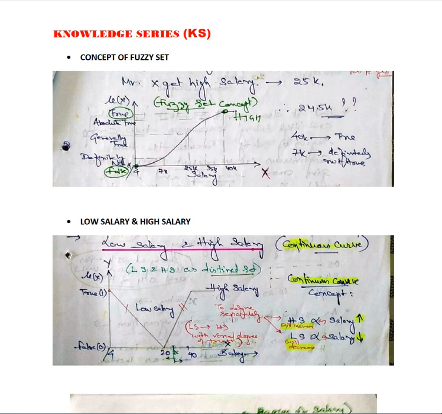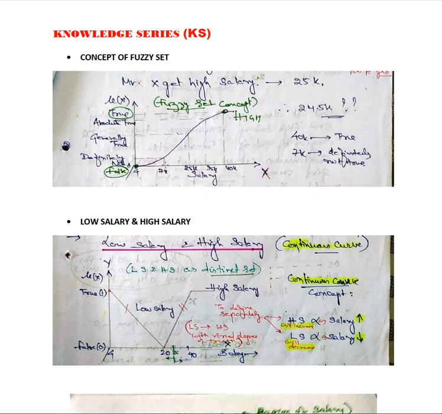That means under this particular graph, any salary which falls under this range, if it is 7k then we put it as definitely, 25k it is generally true, 35k then it is absolutely true, and 40k is true. But fuzzy is basically different as compared to crisp.